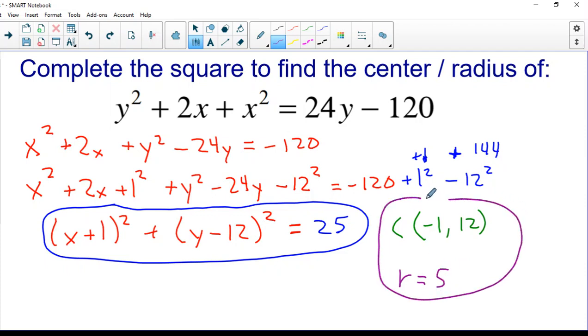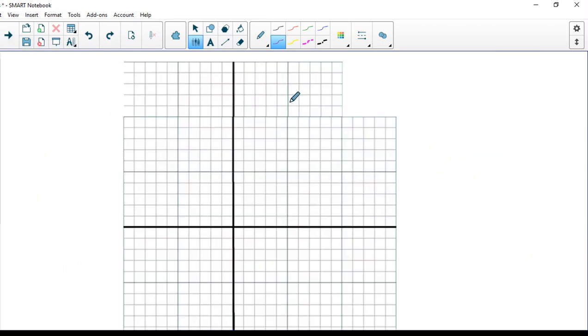All right, so very easily, once we get into this form, I can just pull out the center and radius. Really, the hard part is completing the square to make it nice and neat. When I go to graph this circle, the center now is at negative 1, positive 12, so right about there would be the center. And to get the radius, I just count out 5. So I would count out 1, 2, 3, 4, 5 in every direction.